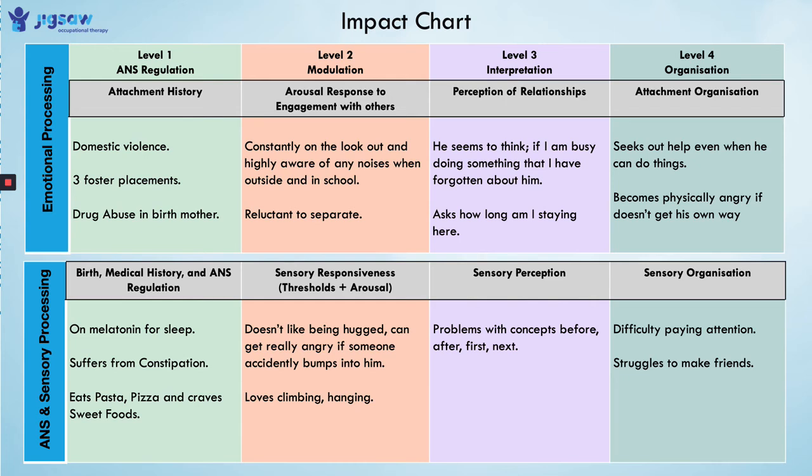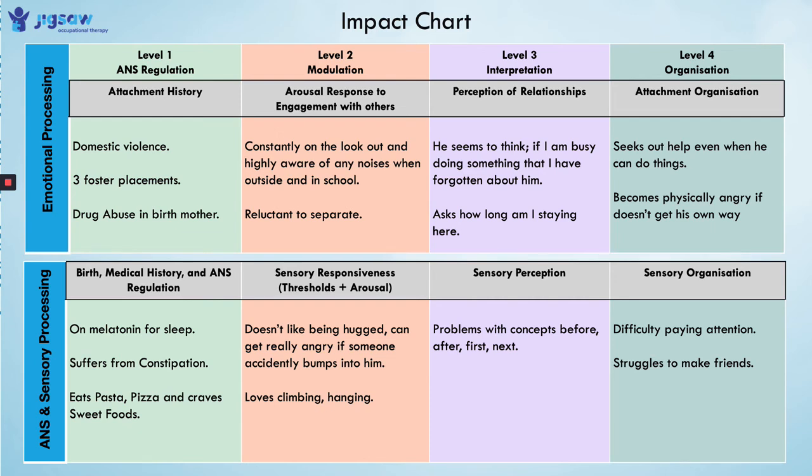And now let's move on to level 4, the final section, where we look at how our sensory systems and our emotional regulation is organised. So this looks at how the child organises themselves based on the information that they have been receiving. So thinking about the example that we mentioned in the previous section, perhaps your child seeks out help even when they can do things.